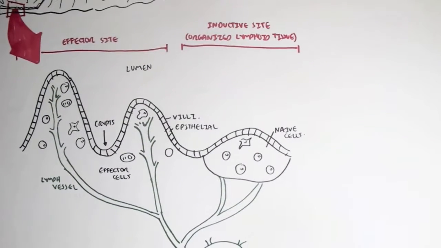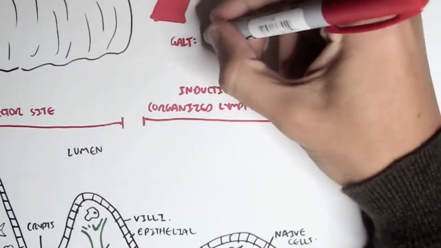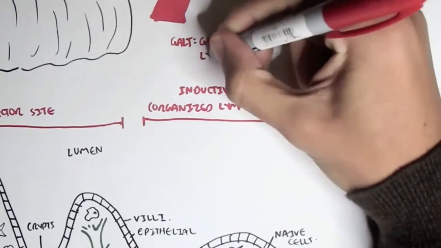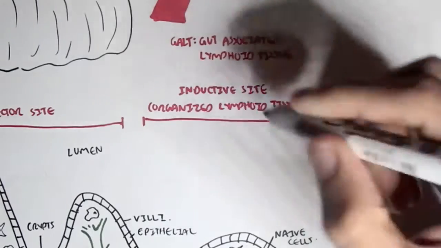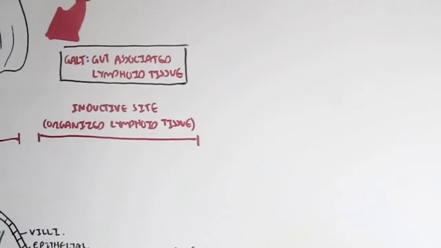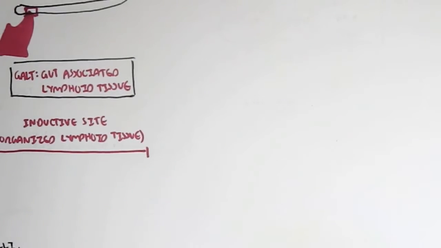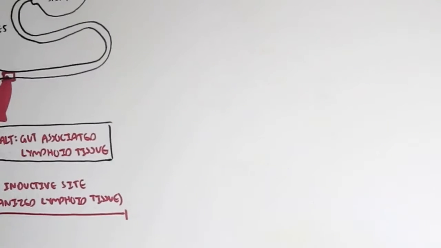The organized lymphoid tissue within the gut, because we're looking at the gut right now, makes up what's called GALT, which stands for gut-associated lymphoid tissue. And this is essentially a branch of MALT, the mucosal associated lymphoid tissue.